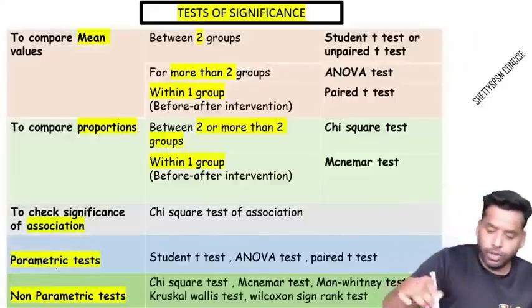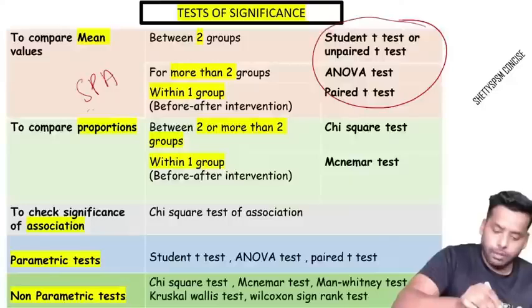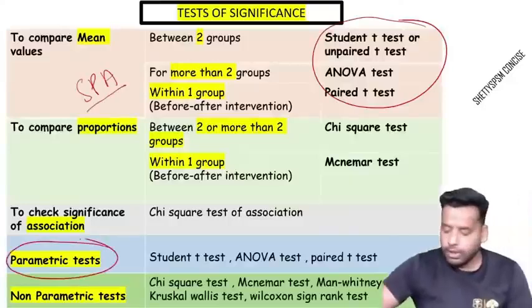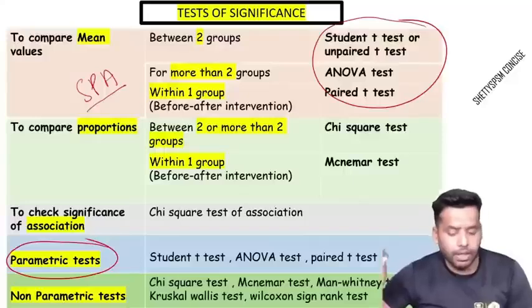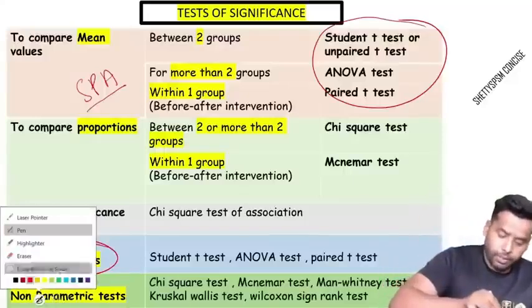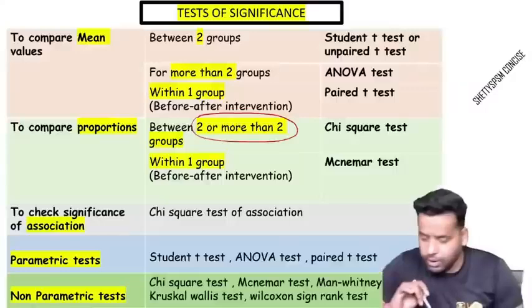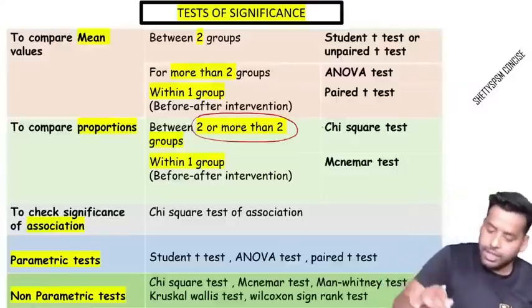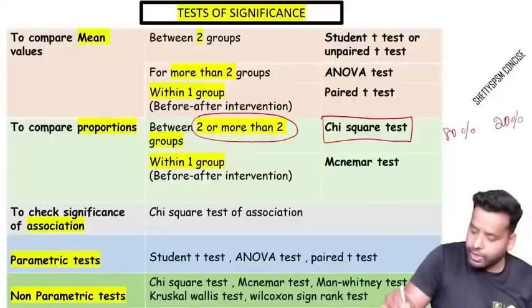So tell me the mnemonic for mean parametric test. SPA. Student t-test, paired t-test and ANOVA test. If I want to compare the proportions between two or more than two groups, for example, I am comparing success rates. Group 1 80% success, group 2 20% success, very less.